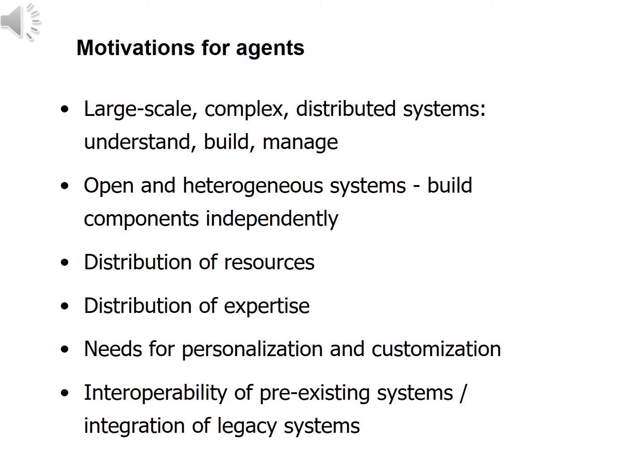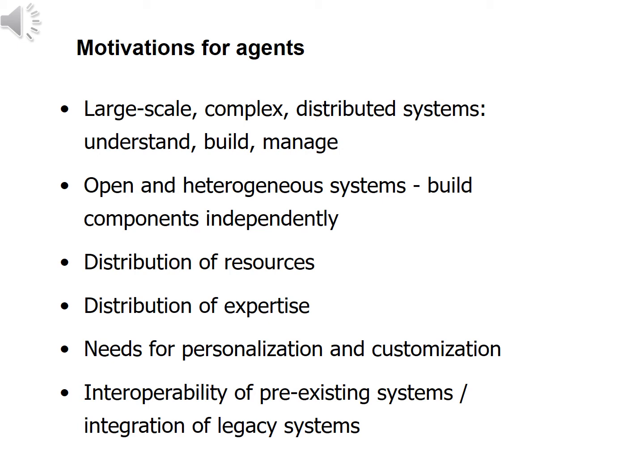So there are various motivations for developing agent technology and applying software agent technology in the real world. The most famous example is the internet, where basically agents are almost everywhere. Usually the systems where you are going to apply software agent technologies are large scale, complex and distributed systems, where you have different decision makers with different points of view and different preferences.